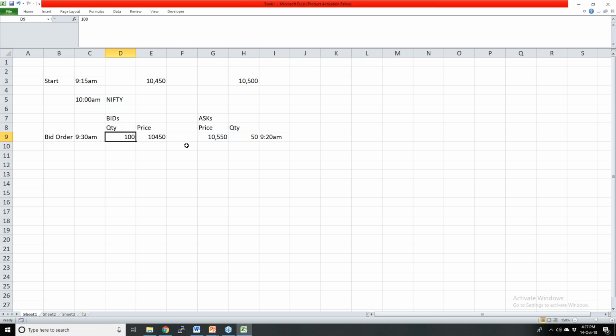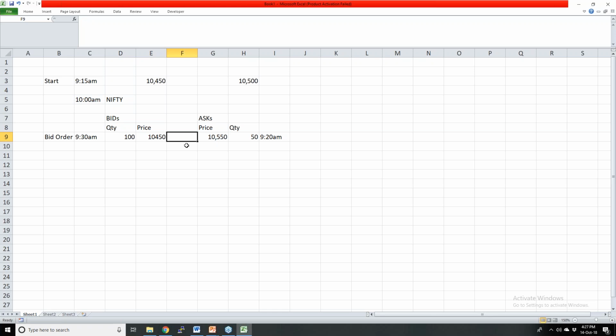So this is how the instructions will stand on an exchange, and this would be visible to everybody. So this would be the bid that there's a trader who wants to buy 100 shares at 10,450.